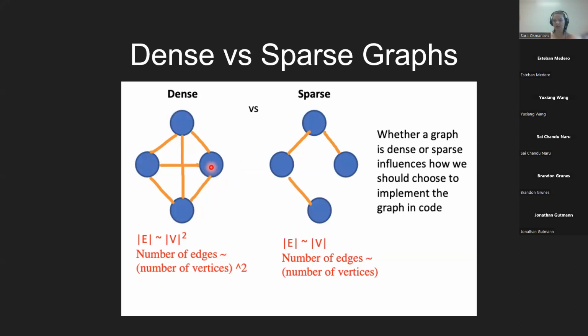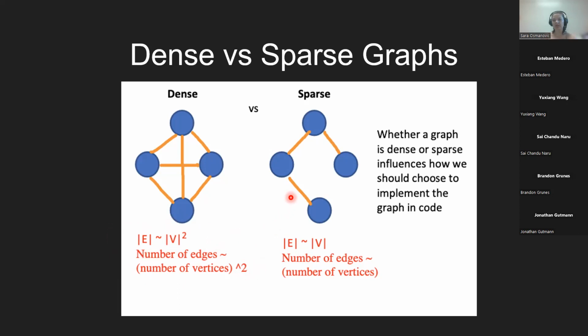Yes, Theodore. You have to think about the number of edges in proportion to the number of vertices. In a dense graph, the number of edges is going to be proportional to the number of vertices squared. That's what you're going to use for problem solving later on, so think about this proportionality.